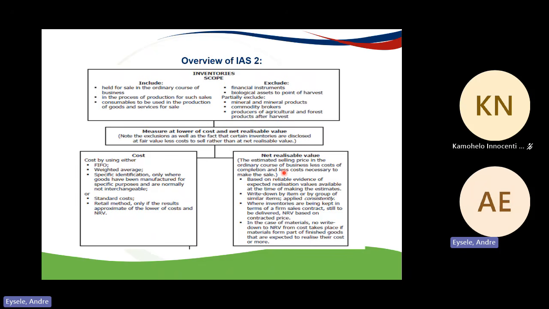If that NRV is 95 Rand, which is less than cost, then you need to do a write-down. Then you write your inventory down to NRV. This means, coming at the bottom here, there is no write-down of your raw materials that form part of the finished goods if they are expected to realize above their cost. Just something to keep in your mind.